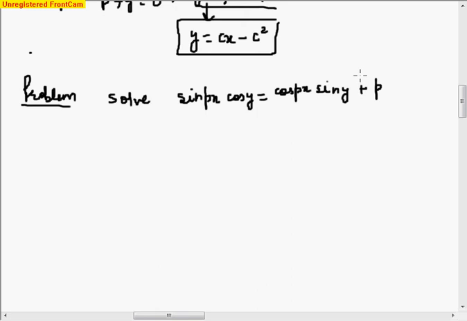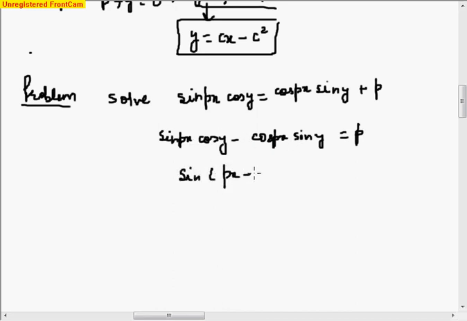This is sin px cos y minus cos px sin y is equal to p. Now this is sin cos minus cos sin, so this is sin of (px minus y) is equal to p.